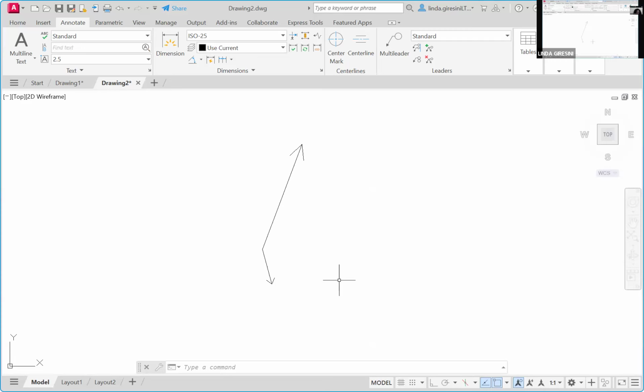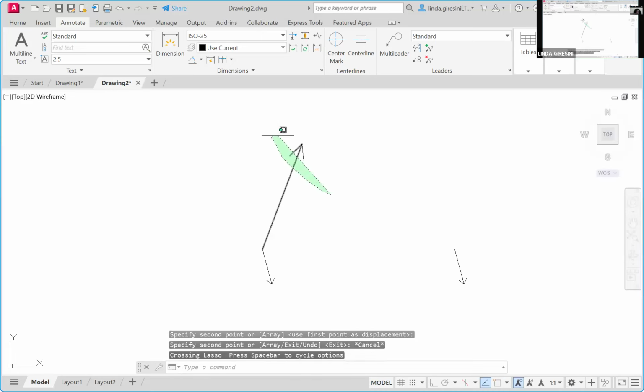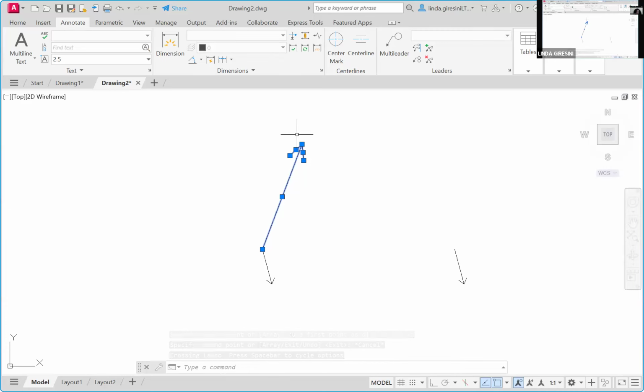Okay, so now we build a force polygon, for example, starting from F1. So what we do is copy selection. We move the first force. And we build the force polygon how? With the head-to-tail method.